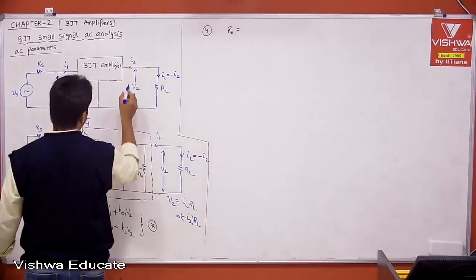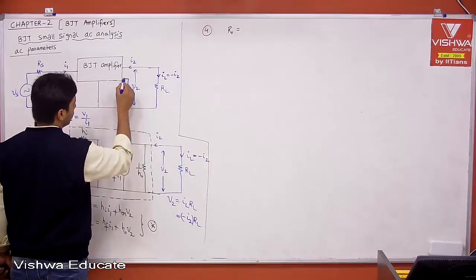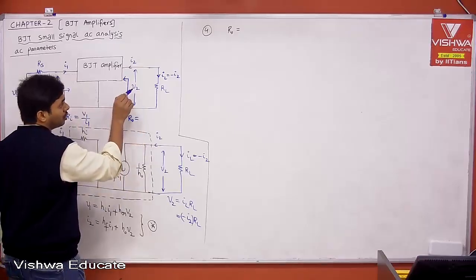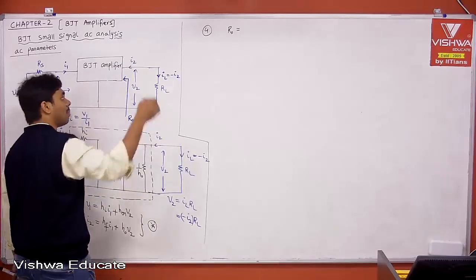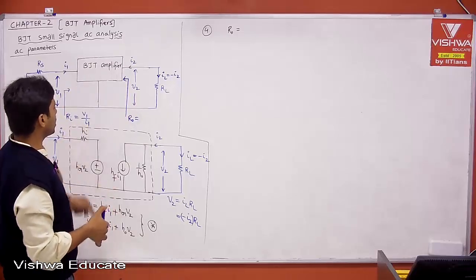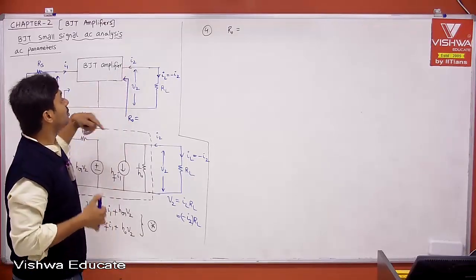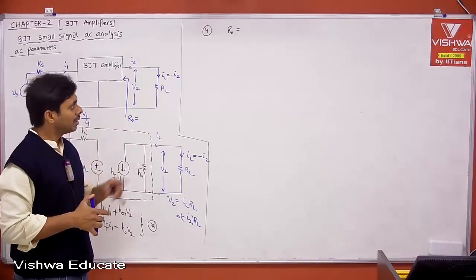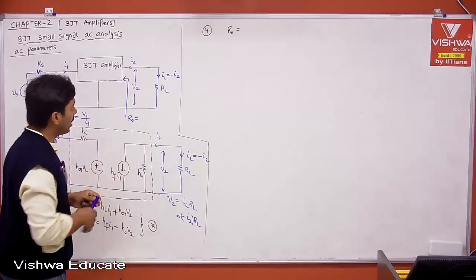So when I define R0, it is not the V2 which we get from V1; it is the V2 which we need to apply. Mathematically, when I say R0 is V2 by I2, we might assume that RL is connected. No, RL is not connected. That is what is important.